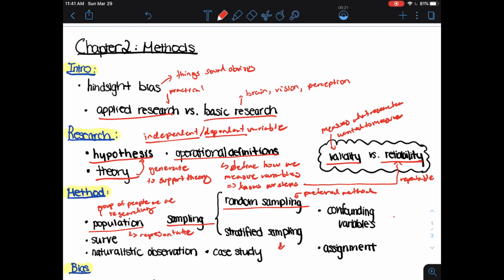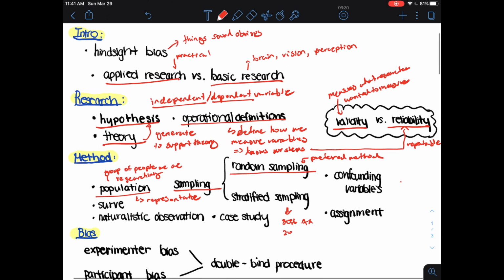For example, if you were doing research in a school where there was about 1,000 kids and you had 30% who were African American, 20% were Latino, and 50% were Caucasian. If you were to try and get a sample of 100 students, stratified sampling means that you would get 30 African Americans, 20 Latino, and 50 Caucasian.